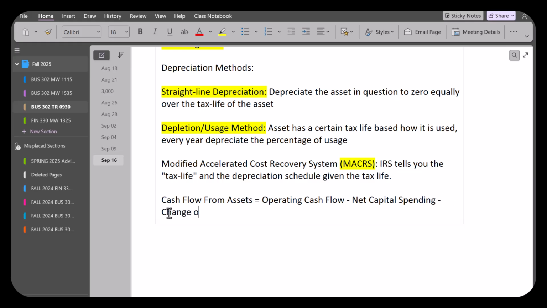The operating cash flow is going to be net income plus depreciation.